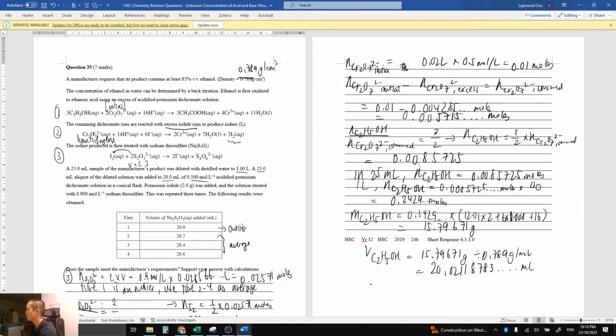milliliters, and we had 25 mils, so the percentage weight per volume is 20.02118783 over 25 mils, and we're going to times that by 100%.